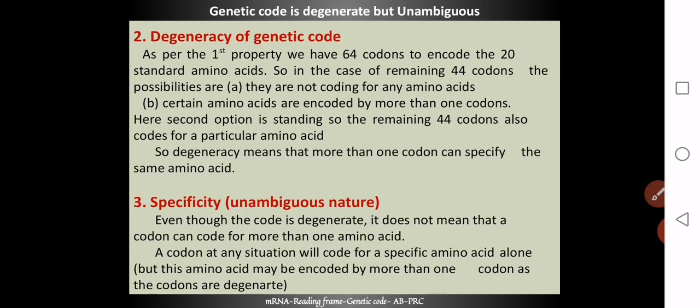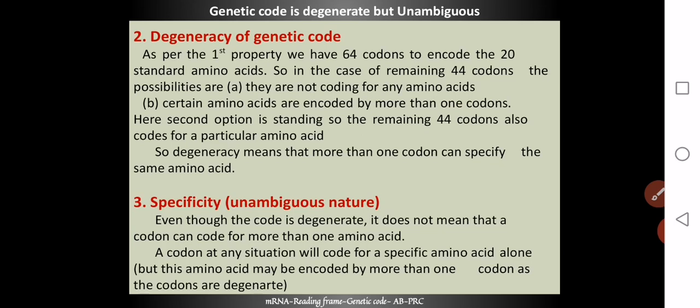Now, the second feature is degeneracy of the genetic code. This will give you the answer to the question why there are 61 codons for the 20 amino acids.